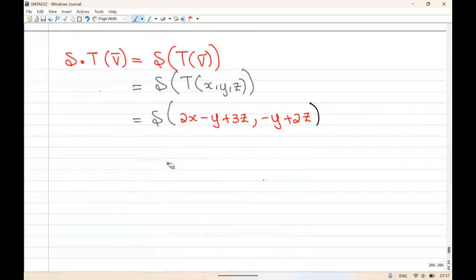Now they also defined S. Remember, the S has been defined in 2 dimensions. Do you still remember that S is defined as R2, taking R2 to R2? So now you have 2 things here in R2. Can you please apply that? When you apply that map of S, what is going to happen?